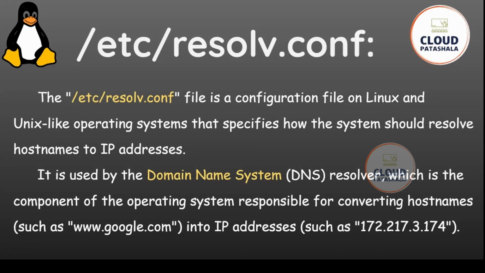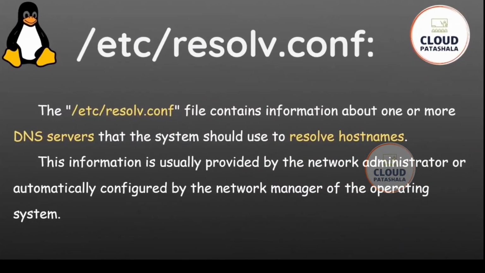It is used by the domain name system DNS resolver, which is the component of the operating system responsible for converting host names such as www.google.com into an IP address such as 172.217.3.174.